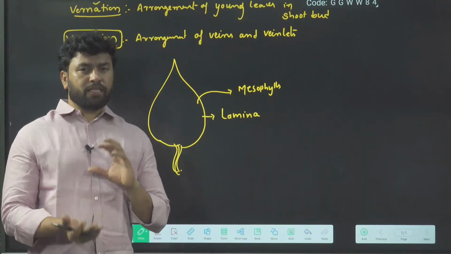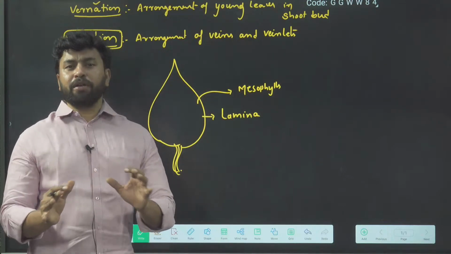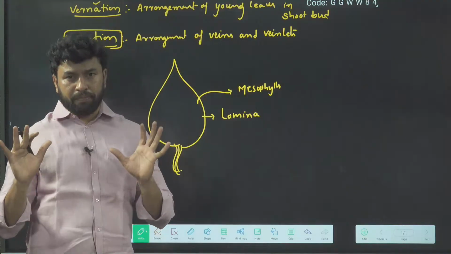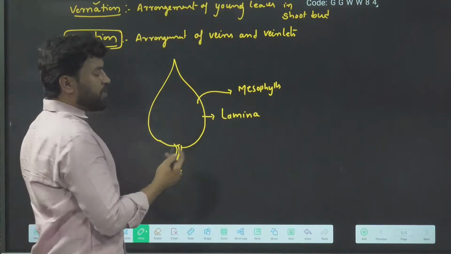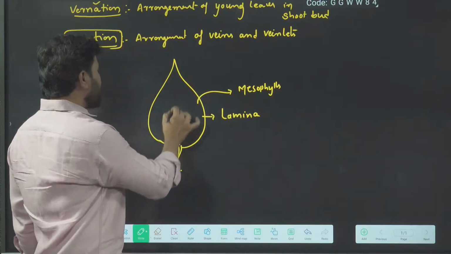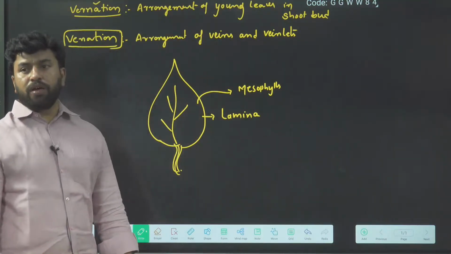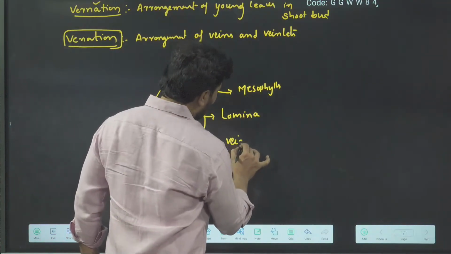That varies from plant to plant, but within the leaf lamina, generally they are not stored for a longer duration of time. Whatever photosynthates have been synthesized are collected in specially designed vascular bundles. These specially designed vascular bundles are called veins.